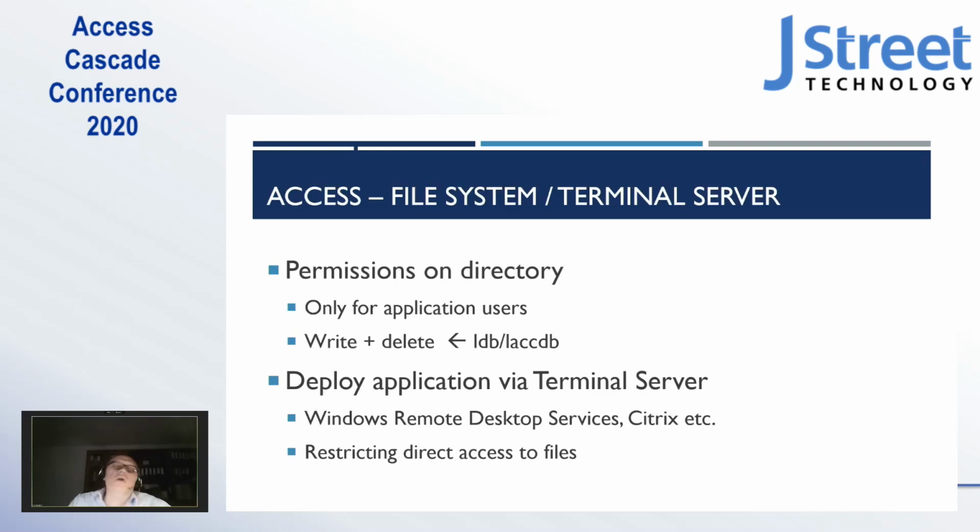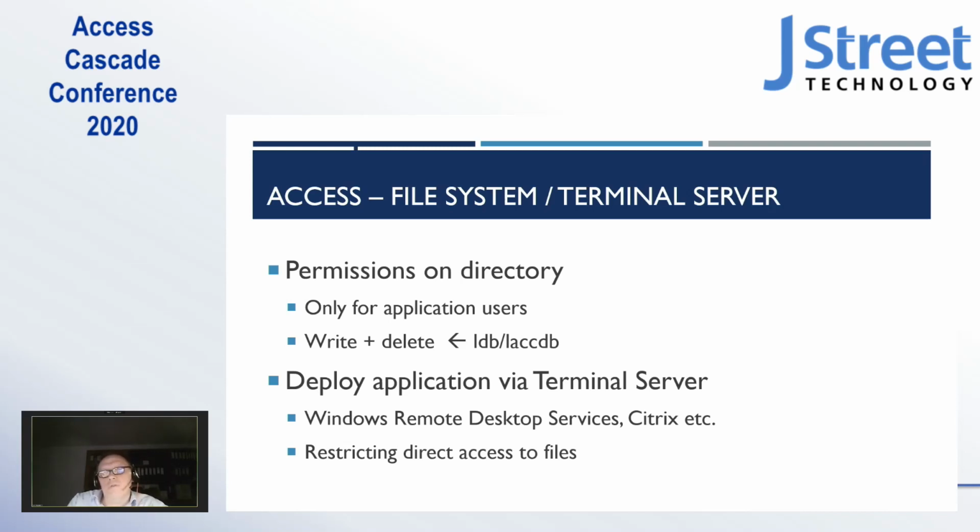What else? If you are the administrator or have a good connection to the administrator, you can do more. You can restrict the permissions on the directory, on the folder where the ACCDE and the Access application lies. Essentially, you can restrict it to the application users, but we all know the users need write and delete permissions in order to manage the log files. What else can you do?